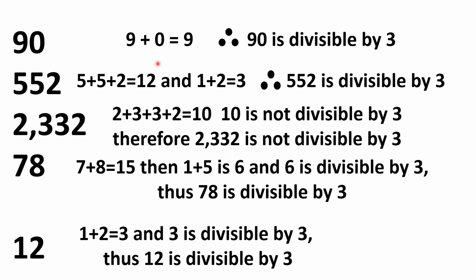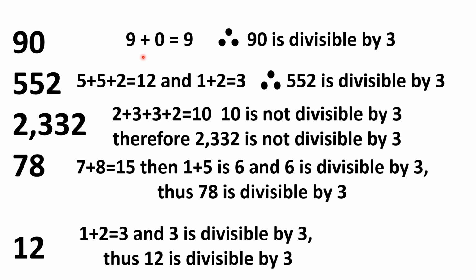Let's have another examples. I have here 90, 552, 2,332, 78, and 12. We're going to tell whether these numbers are all divisible by 3. So according to the rule, we're going to add the digits to tell whether the number is divisible by 3. If the sum is divisible by 3, that number is divisible by 3.